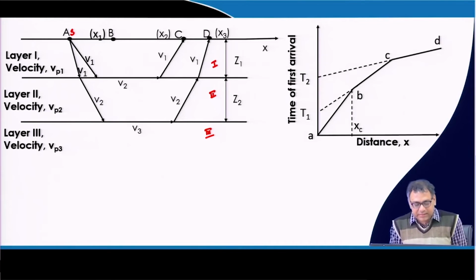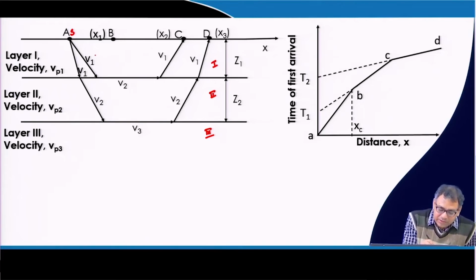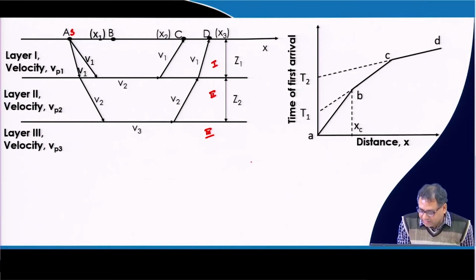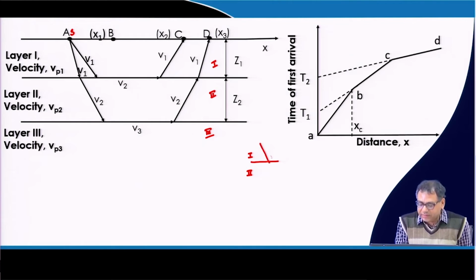And one thing is that now I have a two layer system. Now this is the ray that is coming to the interface of the first layer and the second layer. Now suppose you have a velocity of Vp1 for the first layer and Vp2 for the second layer.